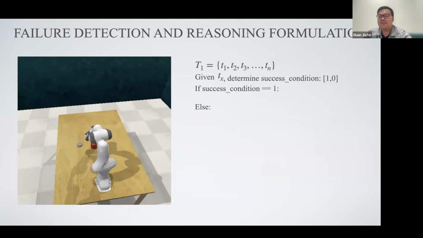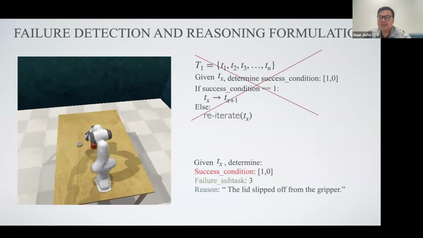Based on that condition, you then reiterate on that same time step by trying out something different. But that's not how humans give feedback, and that's not how humans identify failures. So we want to propose a different formulation. Given the current time step, we want to be able to determine the success condition.